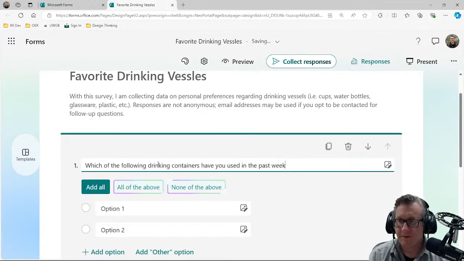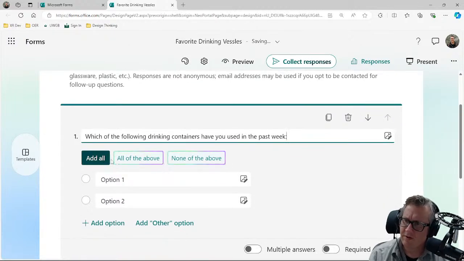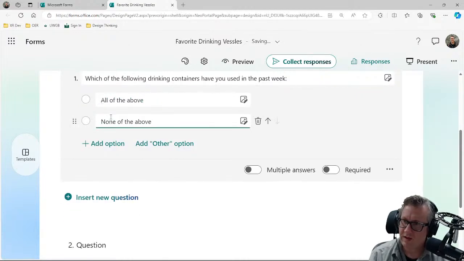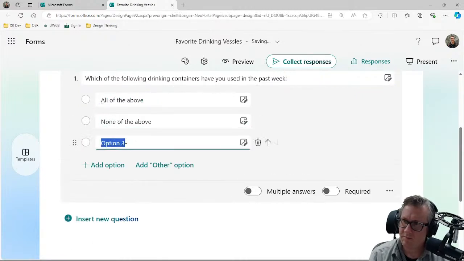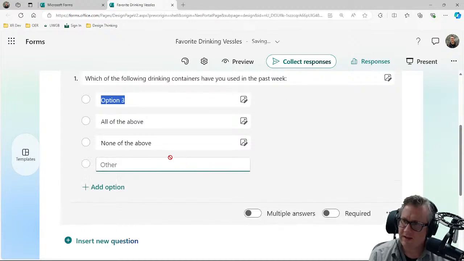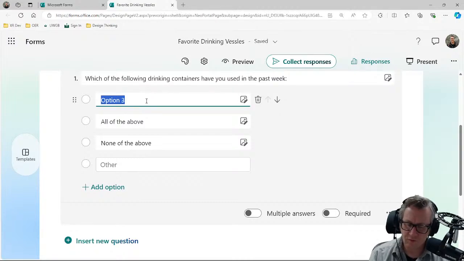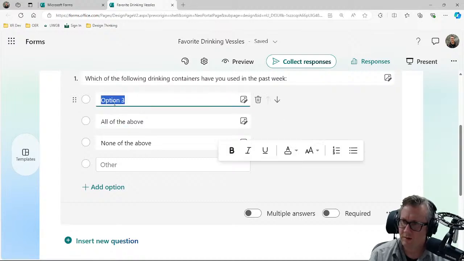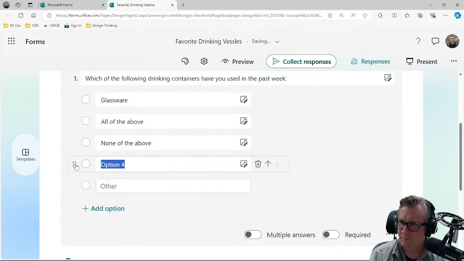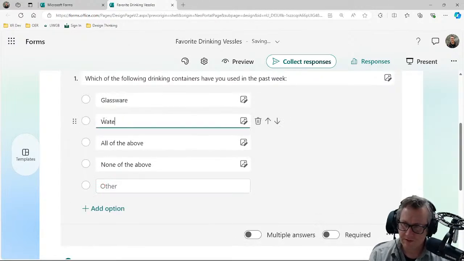Okay. So add all. So you could do that. All of the above, none of the above. Okay, so I'm going to start to populate this. I'm going to add an other one too, just in case. So again, we're going to do glassware, water bottle.